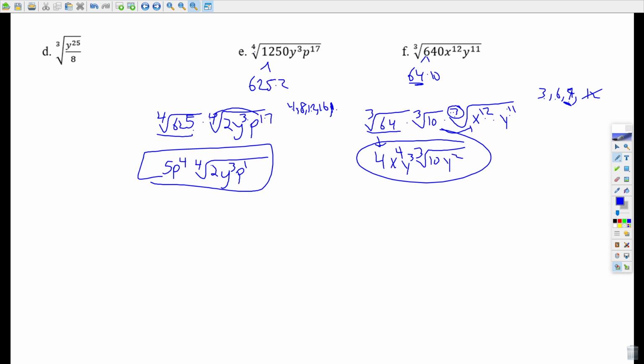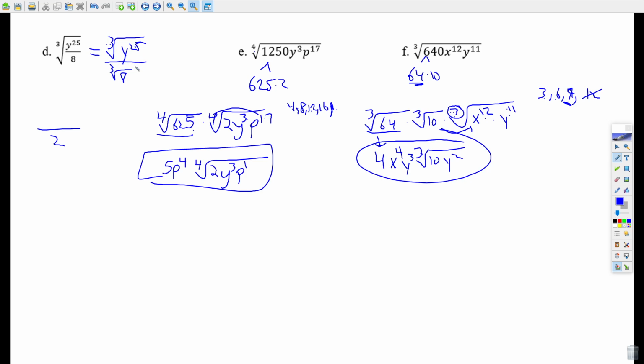Might as well do another one. Why not? How about this one? The cube root of both of these. That's the same thing as doing the cube root of y to the 25th over the cube root of 8. So the cube root of 8 is on the table. You can look at that. That gives you 2. This one we're asking, how many times does 3 go into 25?